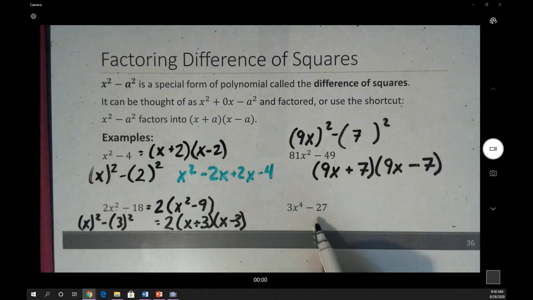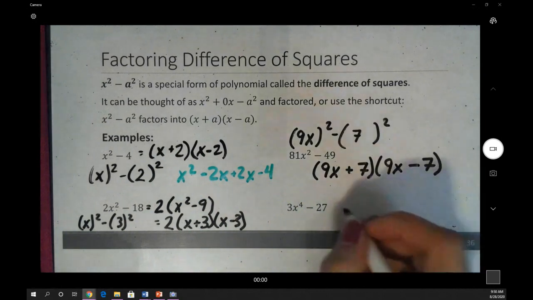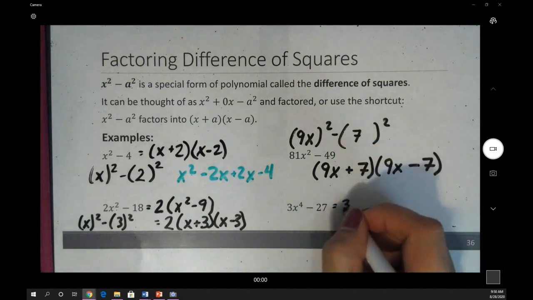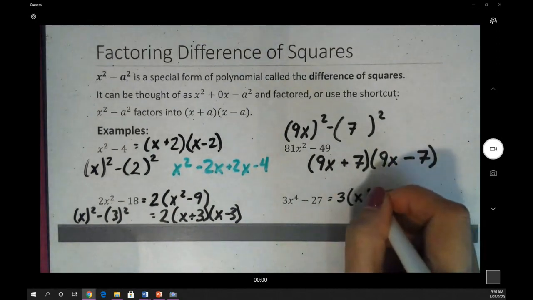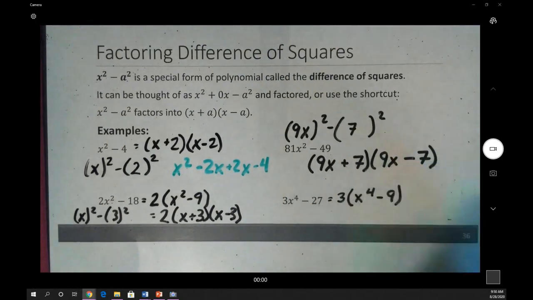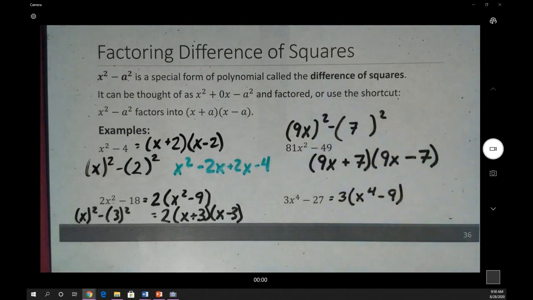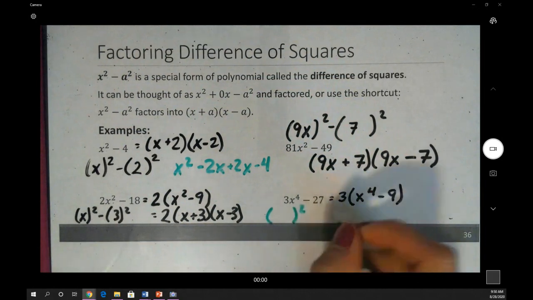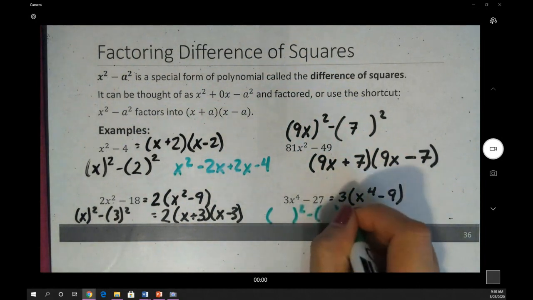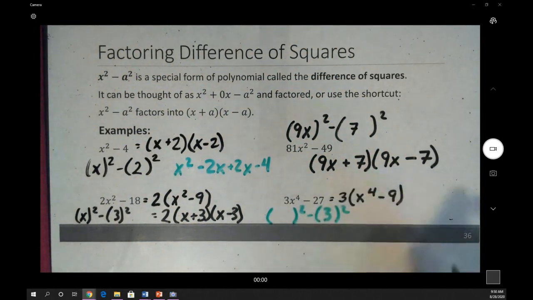Finally, we have 3x to the 4th minus 27. My greatest common factor is 3. And if I factor out a 3, I'm left with x to the 4th minus 9. So it's not an x squared this time. So I need to check to see if I can write this in the same form as I have been, as something squared minus something squared. Well, we know that 9 is 3 squared, so we just have to figure out this first set of parentheses.